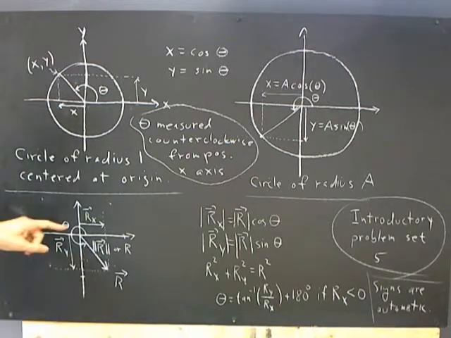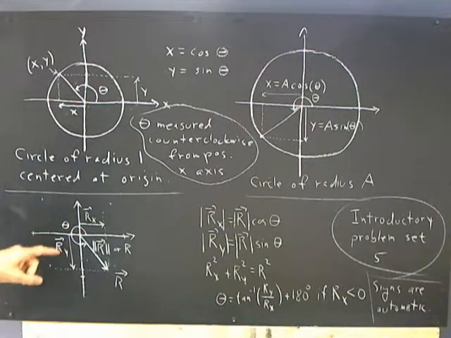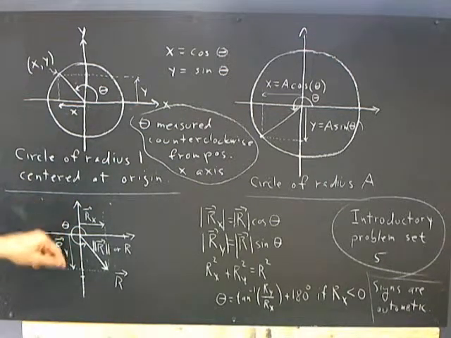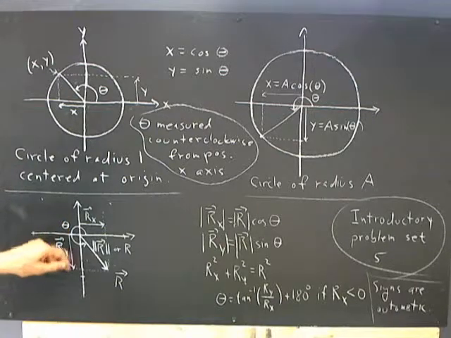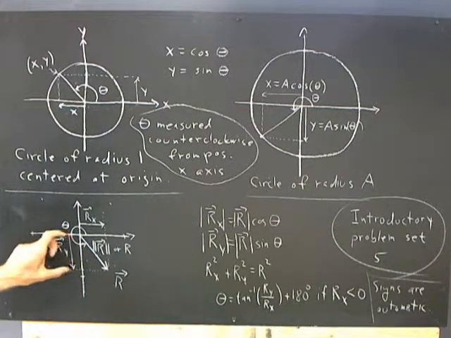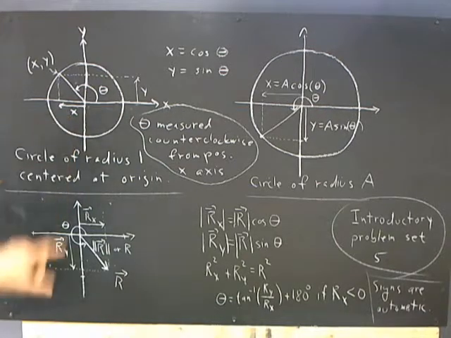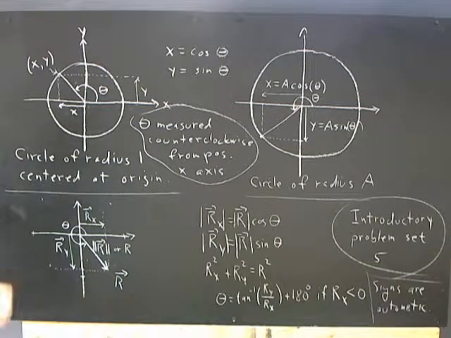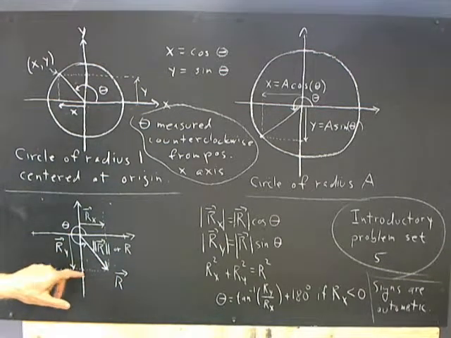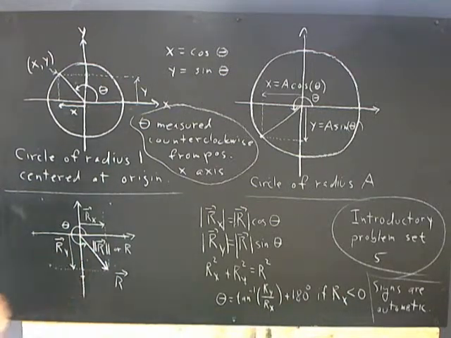Now I've offset the vector a little bit because I don't want it running through my indication of the angle, but Ry could be considered to be a vector whose length is equal to this distance. And of course you know from the circular definition that that's just going to be equal to the magnitude of r times the sine of theta, because this is just the y coordinate that we get when we make this arrow, okay?